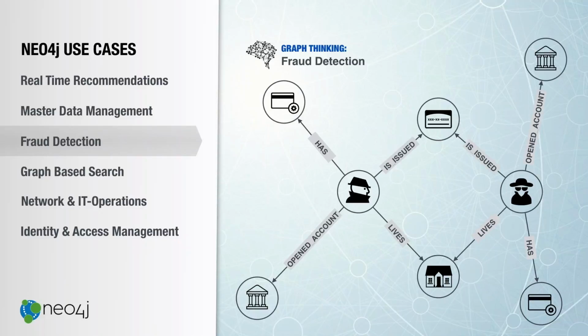And the relationships between the different elements, such as the bank accounts and the people and the social security numbers and the addresses and the phone numbers and other things, can be much better at uncovering fraud than simply the discrete data analysis, which is done typically.